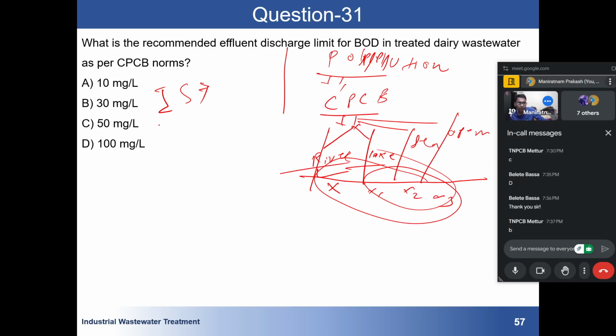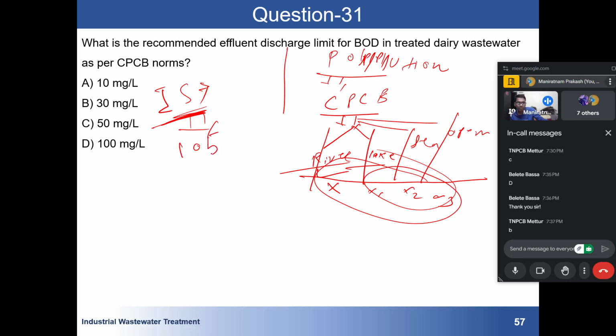So my question was, for drinking water, which IS code do we use? Anyone? The IS code governing the drinking water parameters.